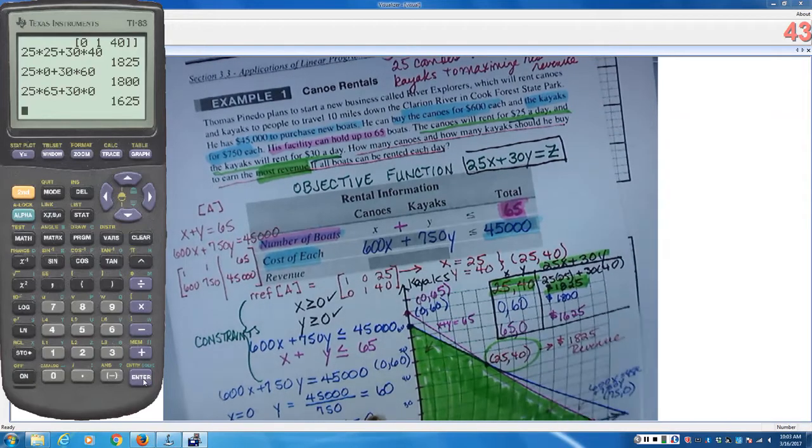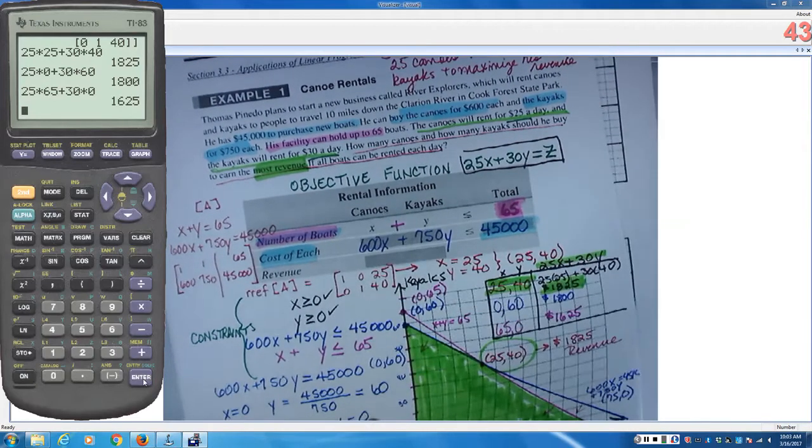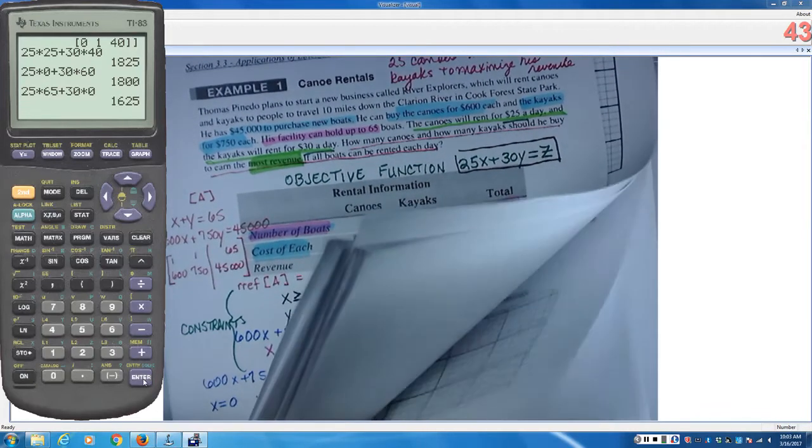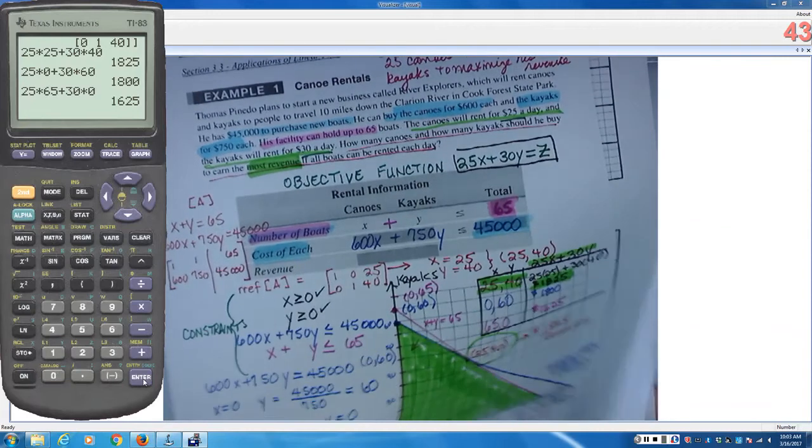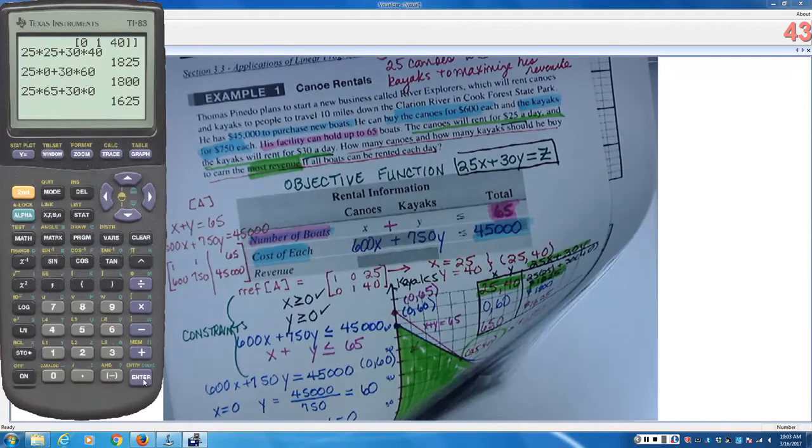But let's go where you don't have all this wonderful information and you've got to do this all on your own. As soon as I find a plain white piece of paper. There we go.